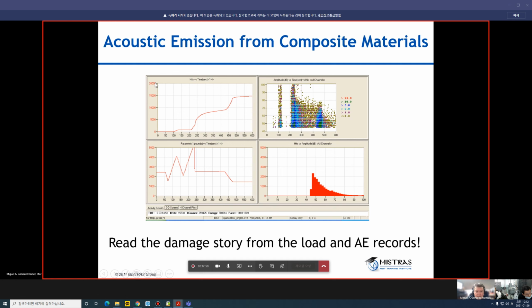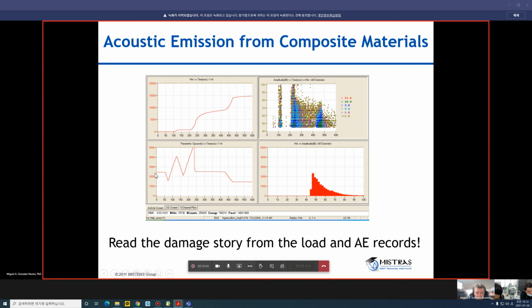So the y-axis indicates the accumulation of hits versus time. All right? The plot below is the plotting of the load applied, in this case in pounds, versus time.